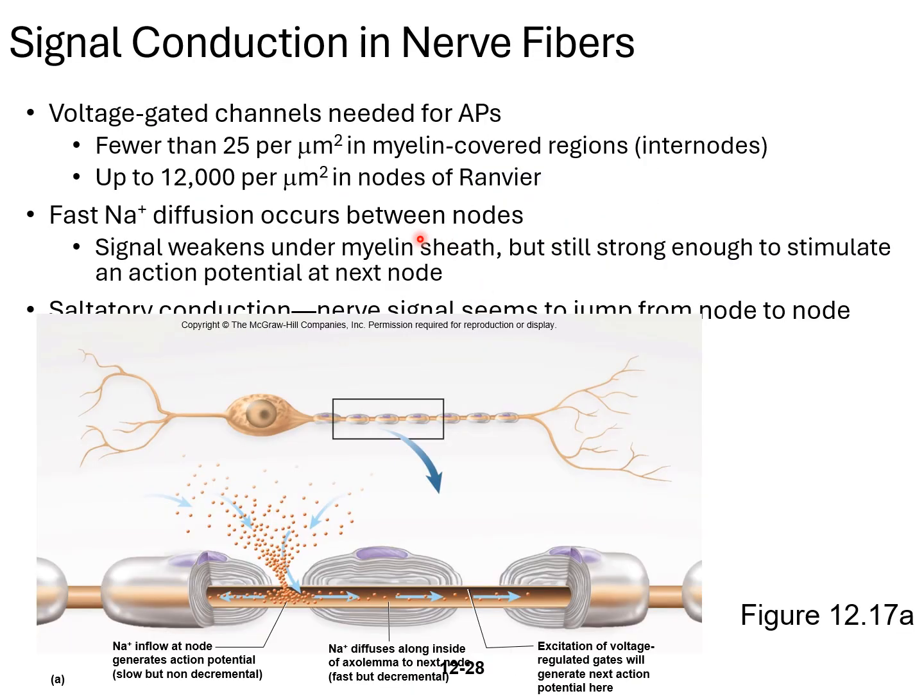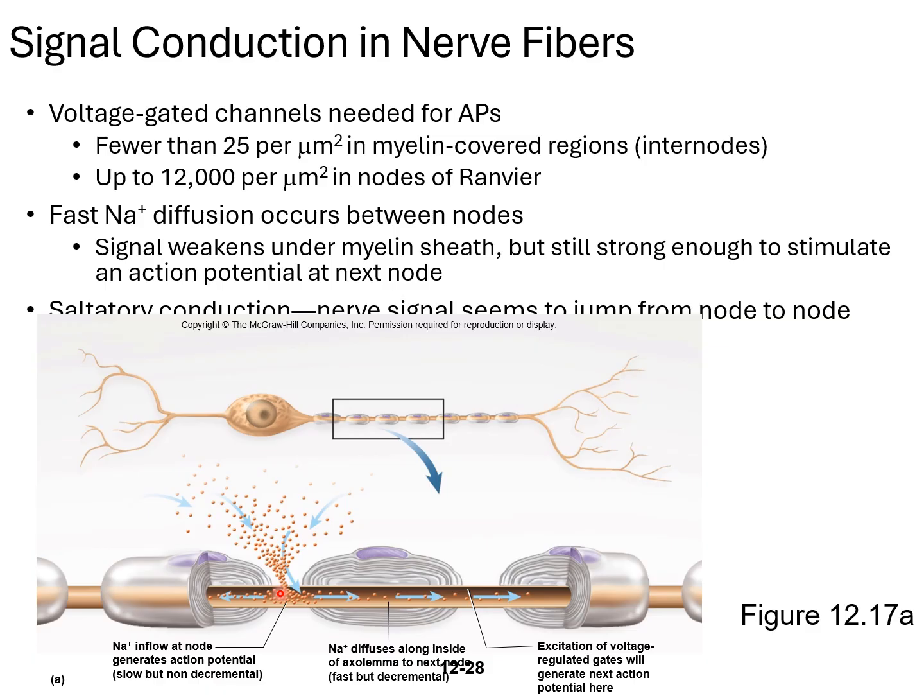You should be. So, voltage-gated channels are needed for action potentials: fewer than 25 per micrometer in myelin-covered regions, and up to 1,200,000 per micrometer in nodes of Ranvier. All that means is that if it's myelinated, you don't have many in between. You have them all at the nodes of Ranvier.